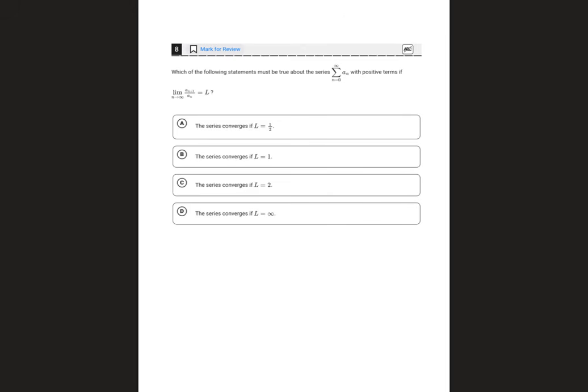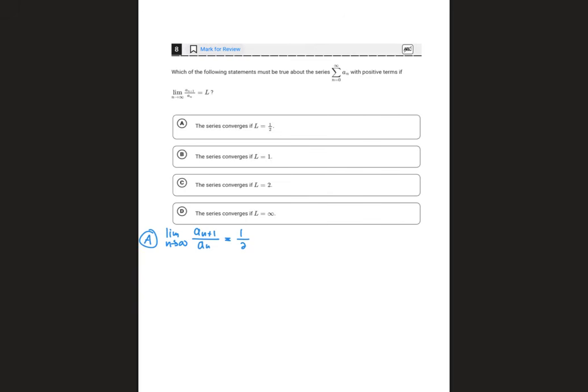Okay, so think about if L is a half. We'll look at the first 3 answer choices. So if L is a half, we're really looking at answer choice A. If the limit as n approaches infinity of a_(n+1) over a_n equals a half, think about what that means.